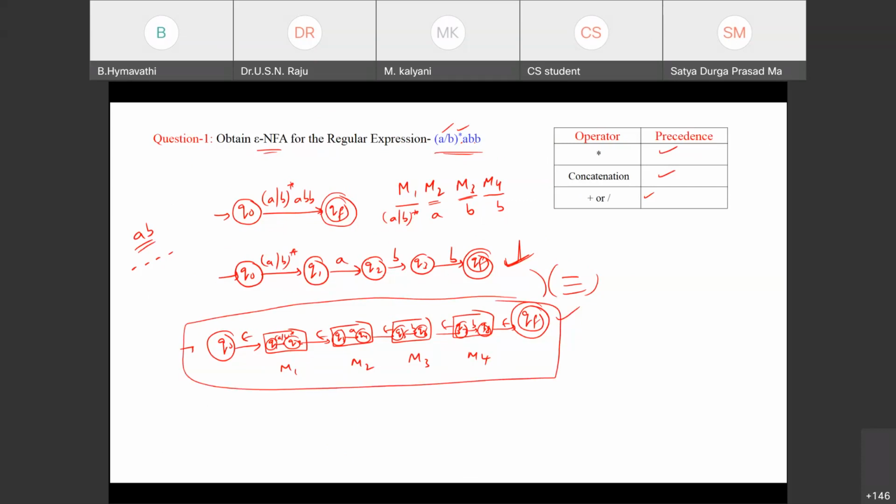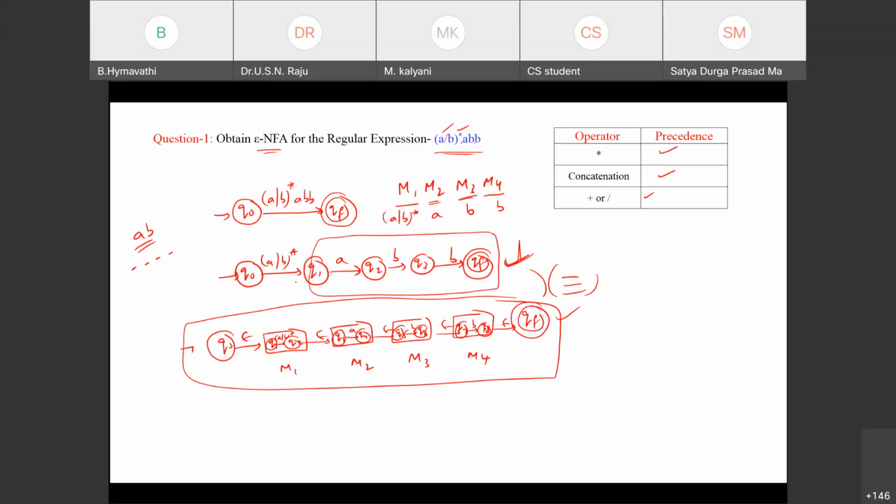Now, is there any further expansion between Q1 and QF? No, because at most we have to get only one symbol between two different states. So this part is fixed.